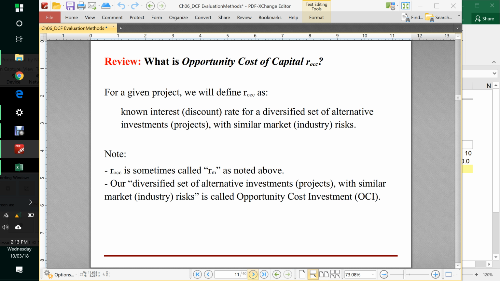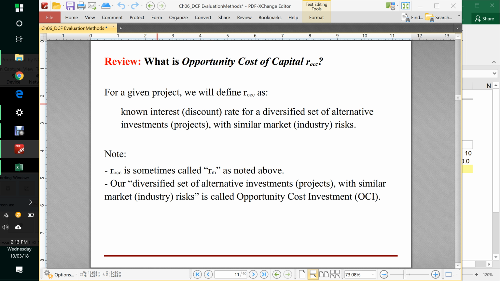Okay. All right, so opportunity cost of capital, it is covered very carefully in the prior chapter, which is on video, and you'll be looking at this week if you haven't looked at it already. But here is a very quick review.